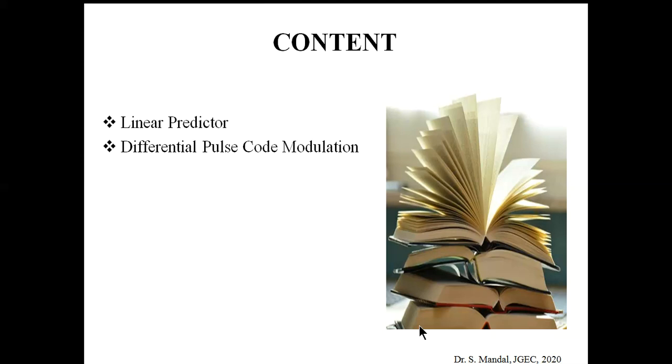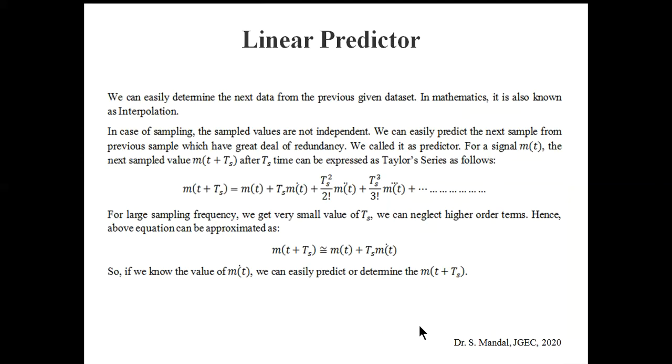So let's go to the operation of linear predictor. As the name suggests, predictor means: can we predict the next sample data from the previous one? Yes, we can do that, and if we can, the system can be called a predictor. In mathematics, that is also known as interpolation.